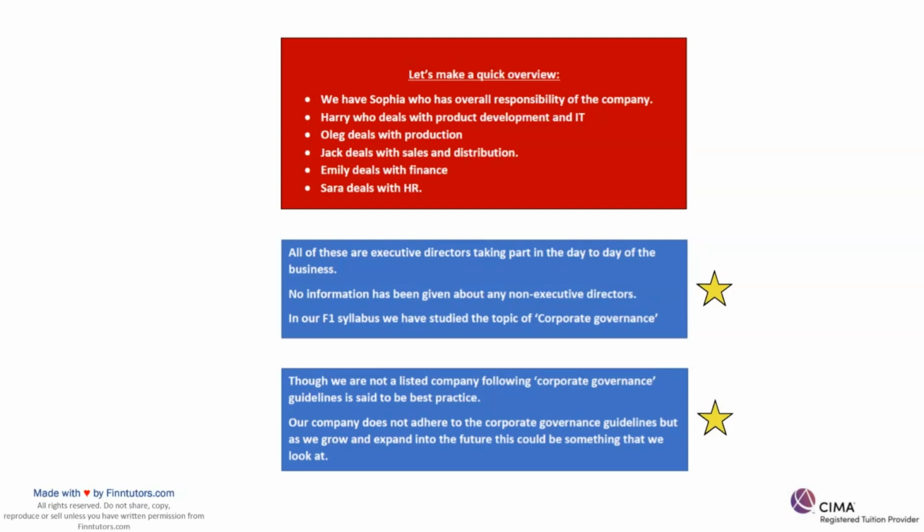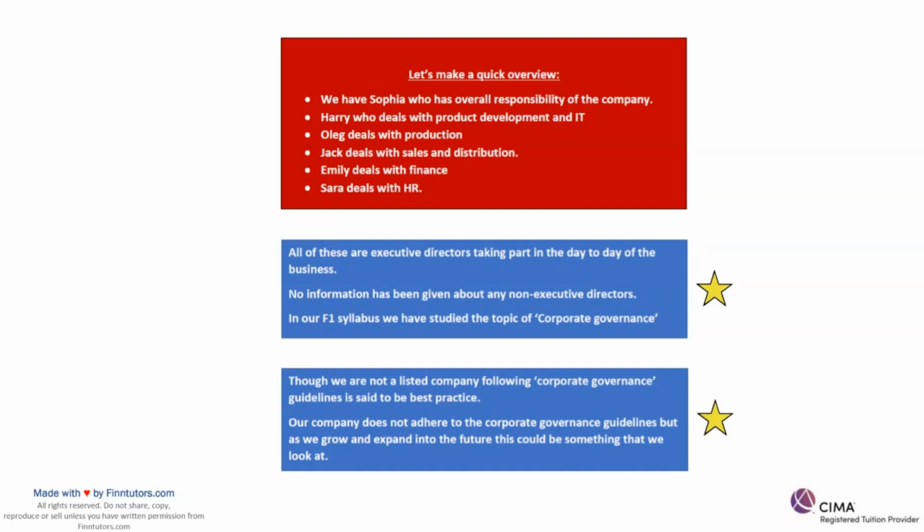Jack deals with sales and distribution. Emily deals with finance. Sarah deals with HR. Now, all of these are executive directors taking part in the day to day of the business. They're executive directors, right? No information has been given to us about any non executive directors being existent in the company.